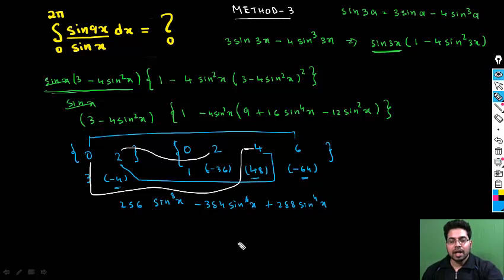Now I need to get sine square x. To get sine square x, obviously this 2 will get multiplied with this 0 and this 2 will get multiplied with this 0. So minus 4 into 1, minus 4, and this minus 36 into 3, minus 108 into minus 4, minus 112 sine square x.